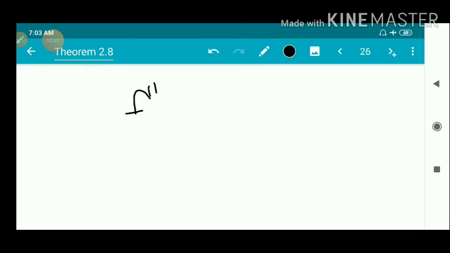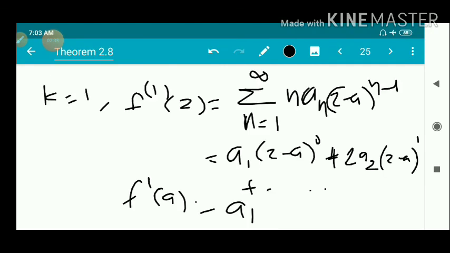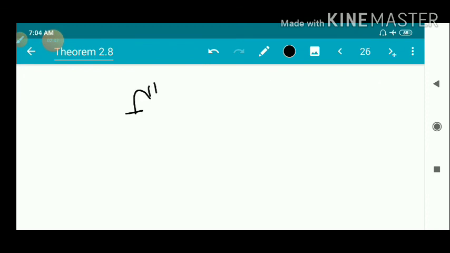And by continuing this we get f double dash of a equal to 2 factorial into a2.